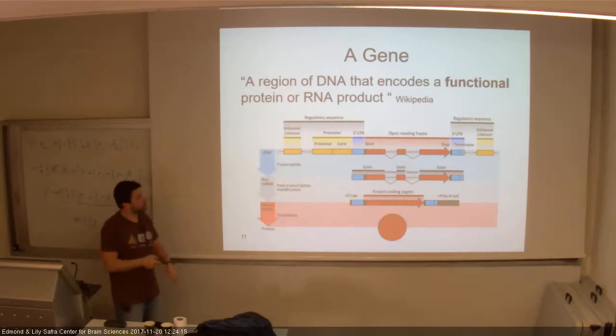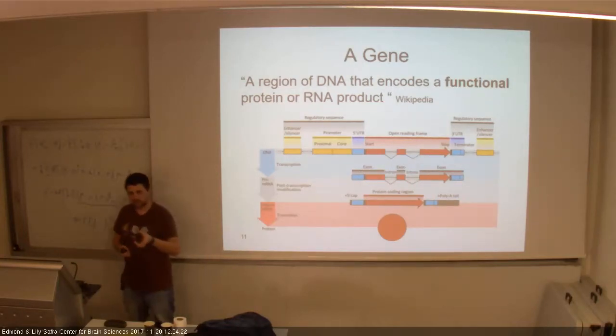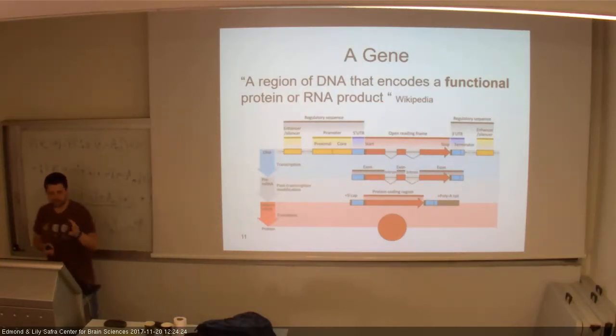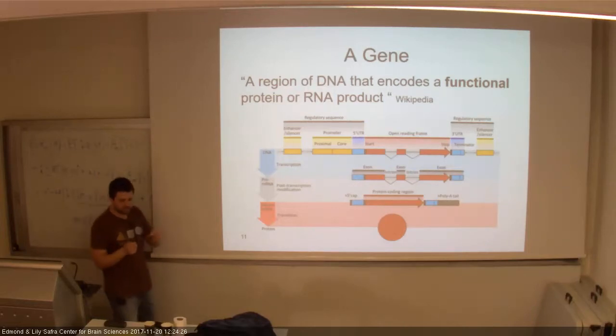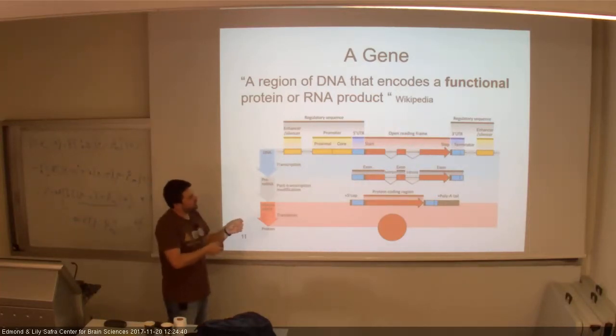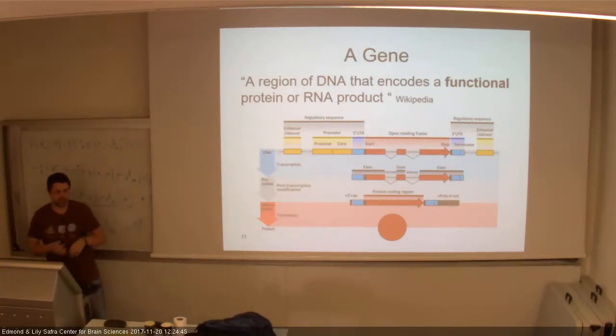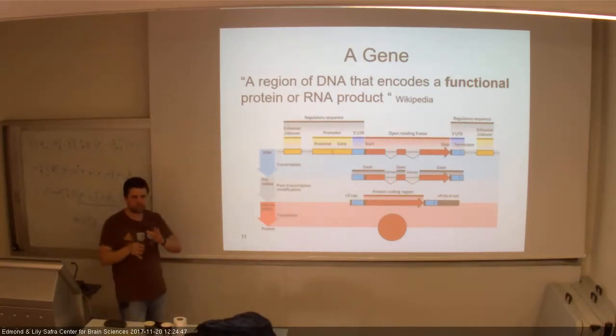For example, promoters are something that we use a lot in neurobiology to target specific types of cells. If we know that, say, a layer 5 pyramidal neuron expresses a certain type of protein, Tie1, then we know that if we take the Tie1 promoter and put some gene after it, we can cause the expression of that gene only in the specific types of cells that we're interested in.